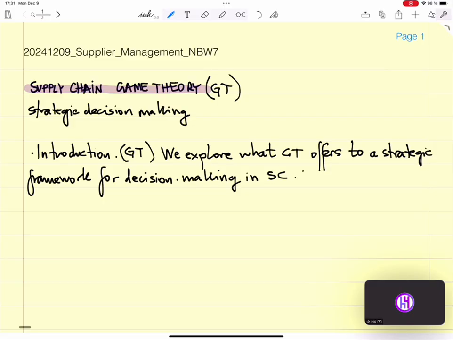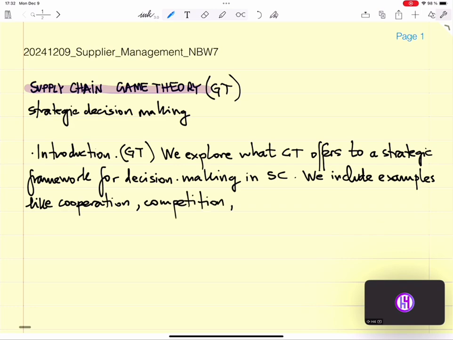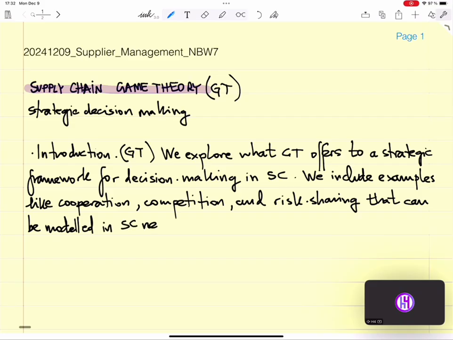We include examples like cooperation, competition, risk sharing, that can be modeled in supply chain networks.